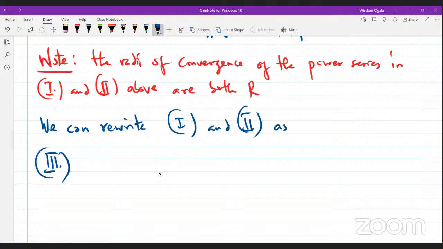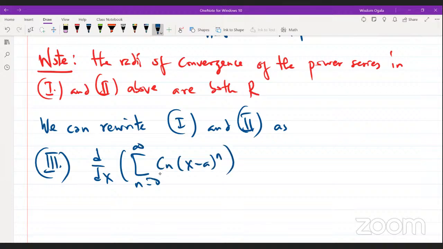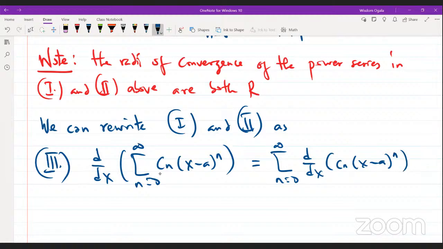As for the differentiation part, what happens when you differentiate the power series? This operator, the derivative, is an operator that can directly apply to what you have inside. Now, what about the integration guy?